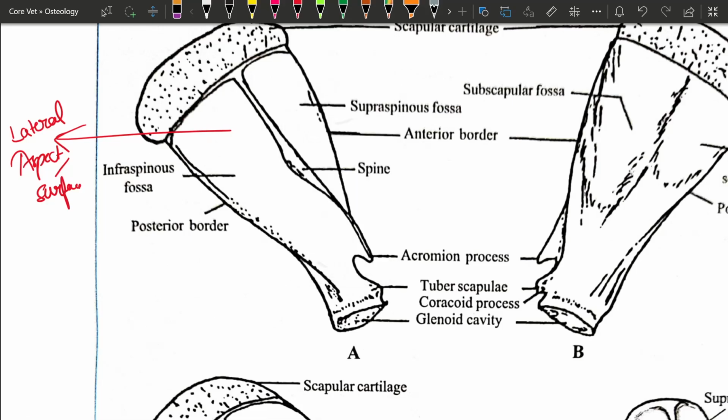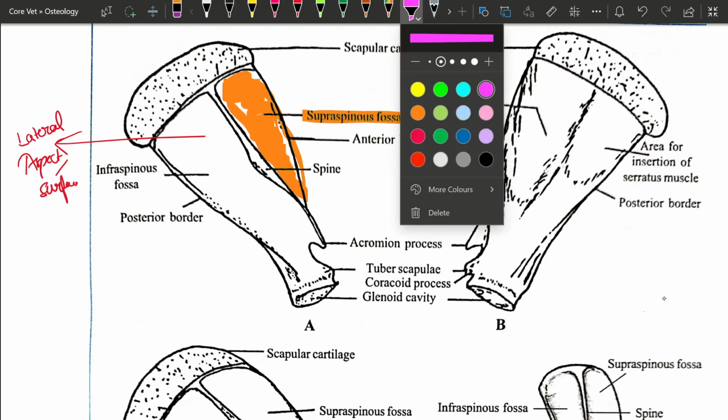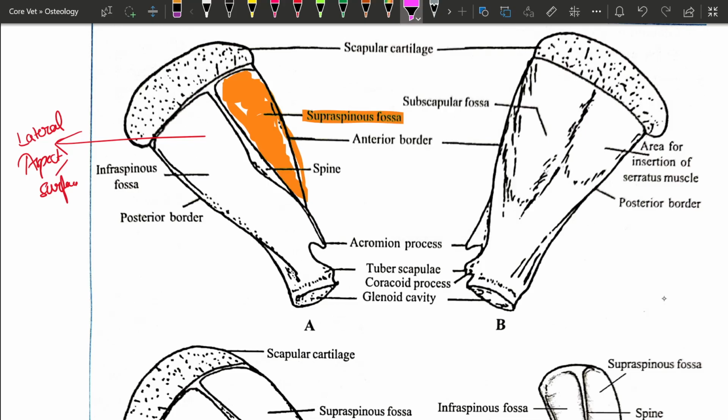Now, what I had told you is that there are two fossas. You can see this fossa that I am highlighting now. This depression, or this fossa, is your supraspinous fossa. Now the fossa or the depression that I am marking now, this depression is the infraspinous fossa.